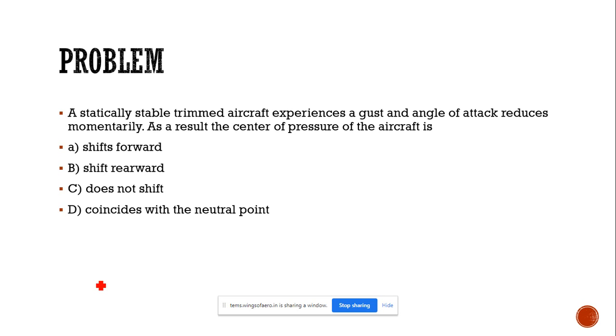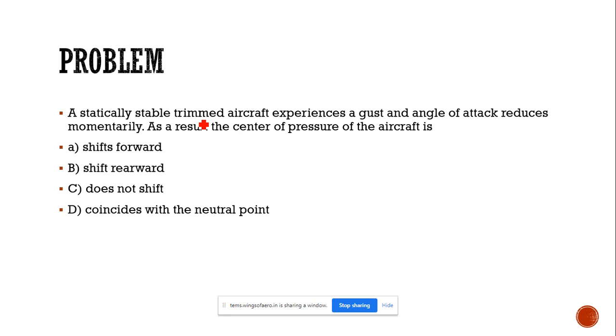Before going, yesterday itself we finished one or two problems about the moment about the wing and fuselage. Here we have a problem: a statically stable trimmed aircraft, that means the aircraft is in equilibrium, experiences a gust and angle of attack reduces momentarily.